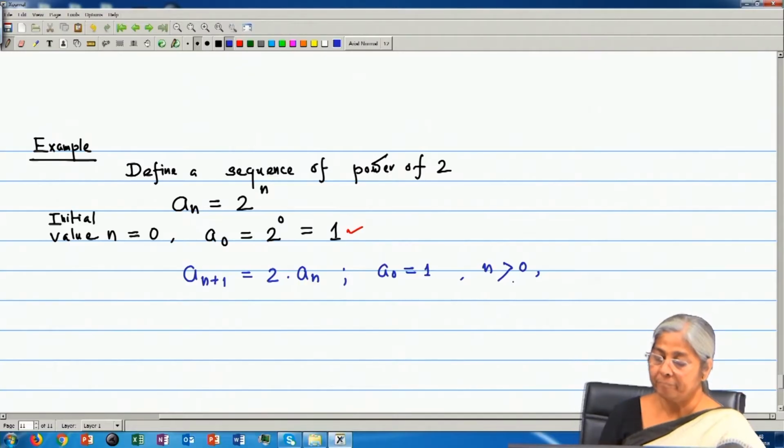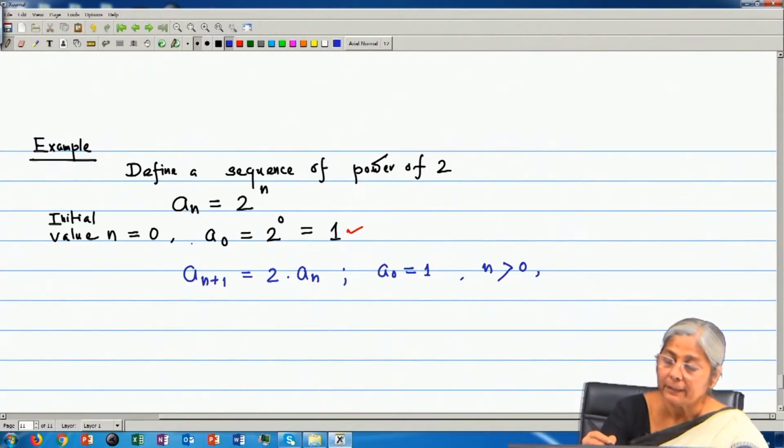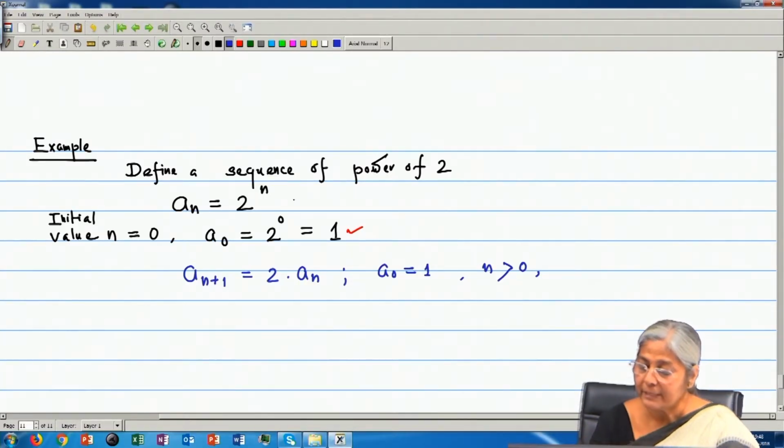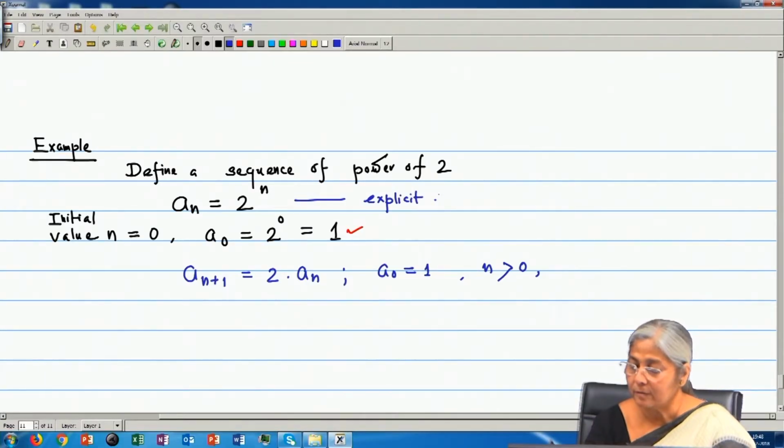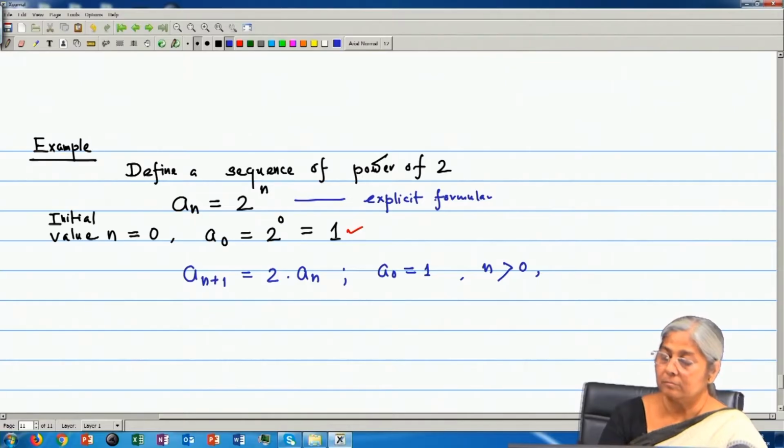This is an explicit formula for representing the sequence of powers of 2, but the same can be written as a_(n+1) equal to 2 a_n.